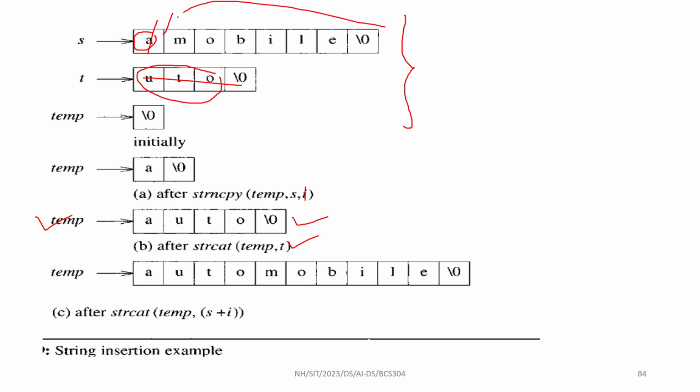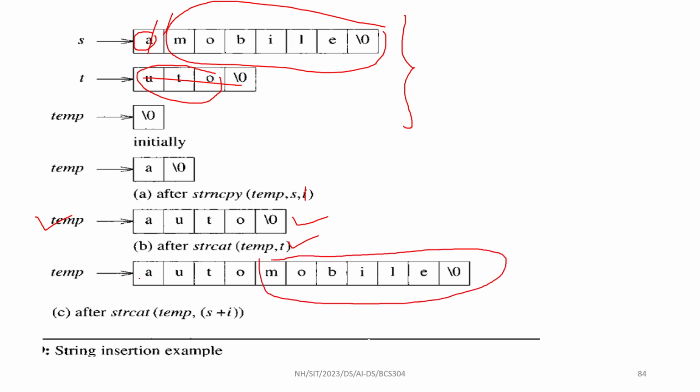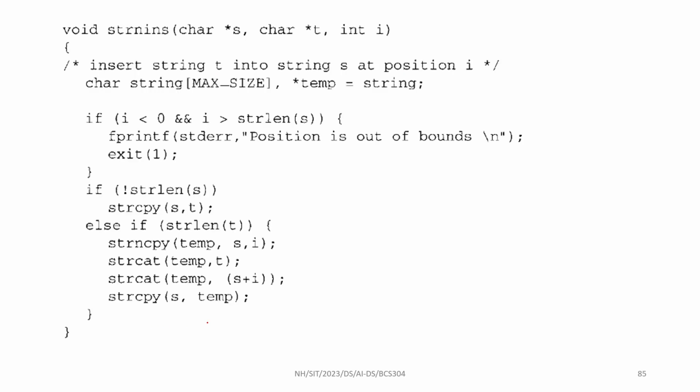Then all the remaining characters you have to copy and join. That is the concatenation operation. Where to join? That is the next question. You have to join after this place.